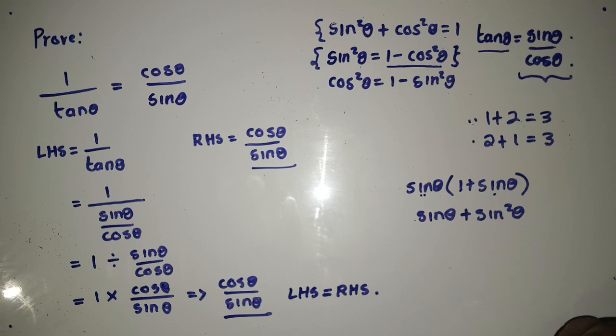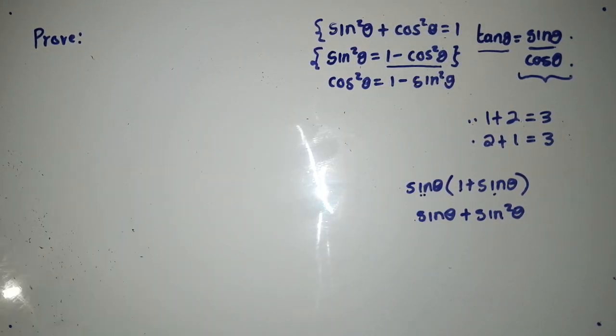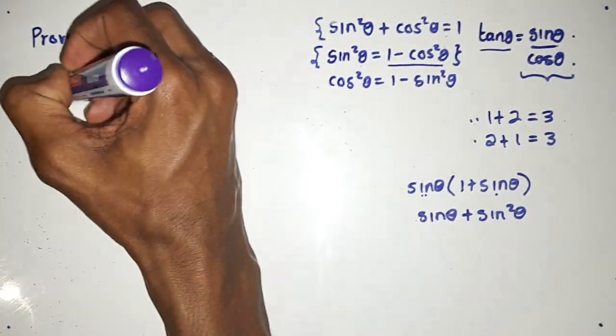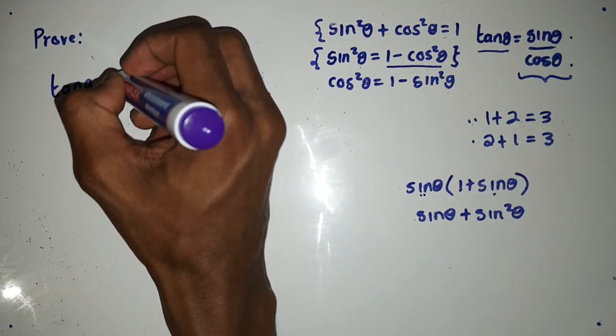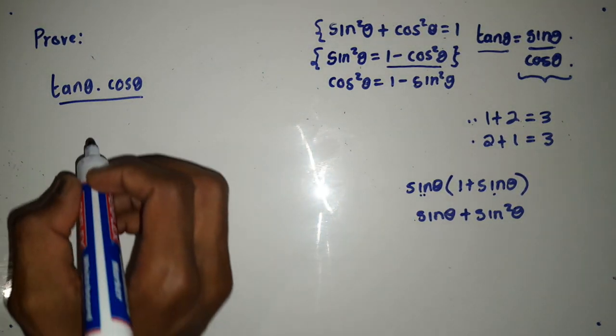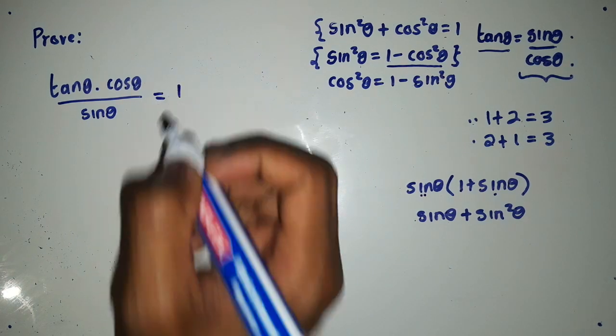Then I'm thinking of giving you another one. You see, let me give you another one quickly. Let's say if we have tan theta, this multiplied by cos theta divided by sine theta, like this, equals to 1.